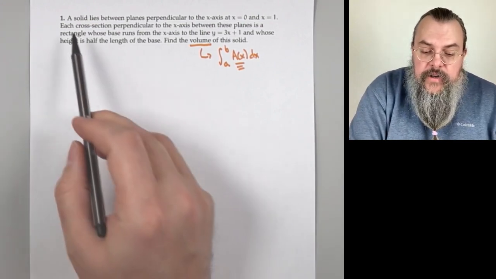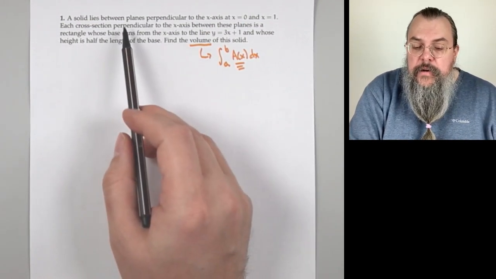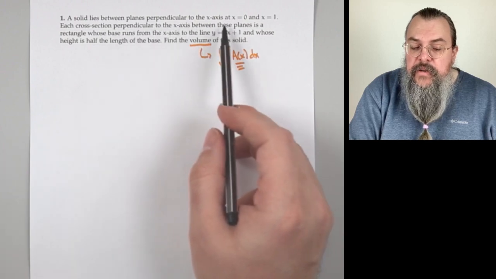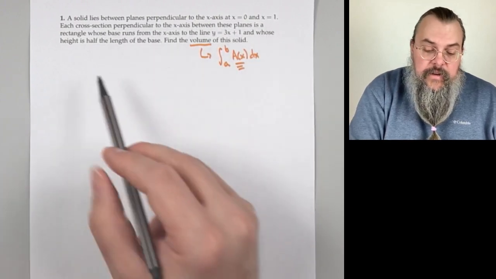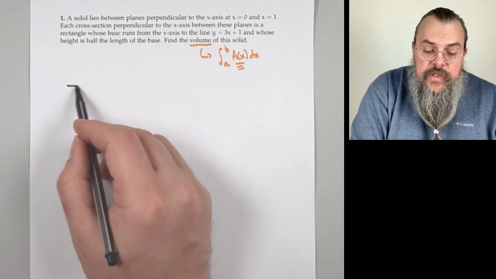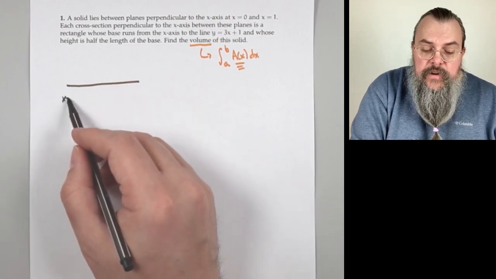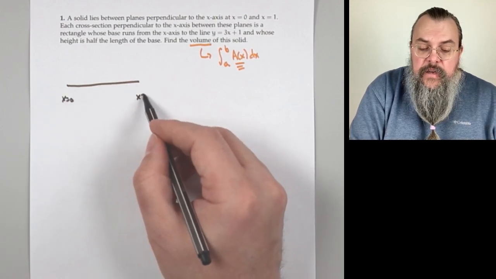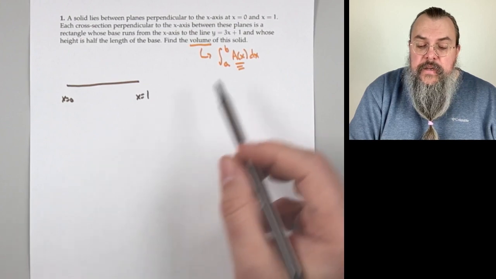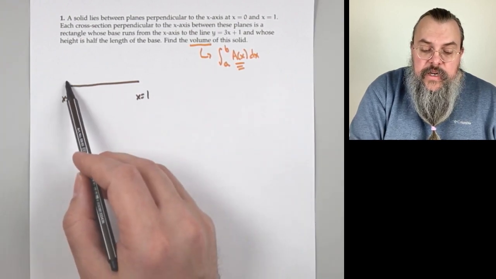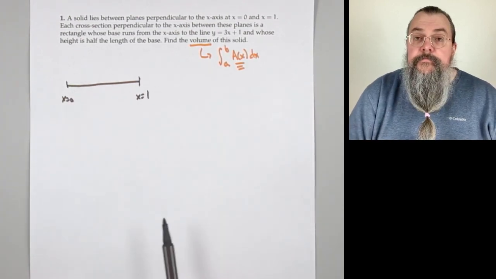So let's start here. A solid lies between planes perpendicular to the x-axis at x equals 0 and x equals 1. So we have x equals 0 and x equals 1. We're starting at 0 and going to 1.